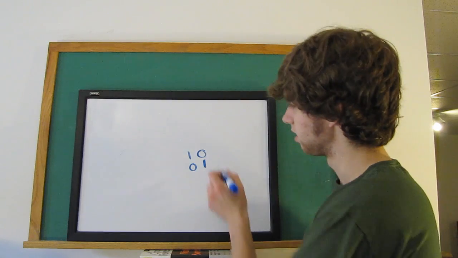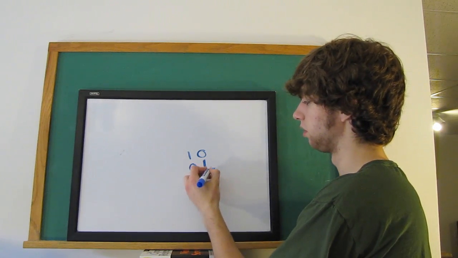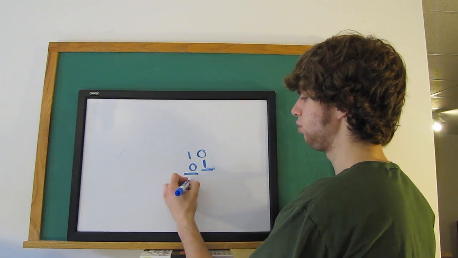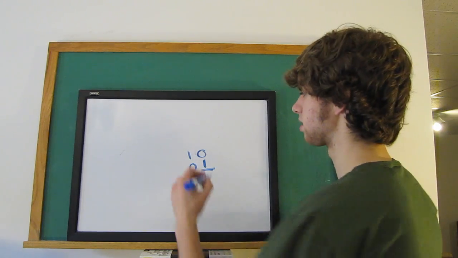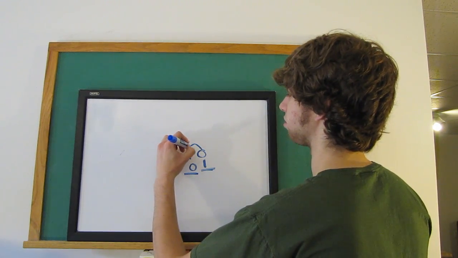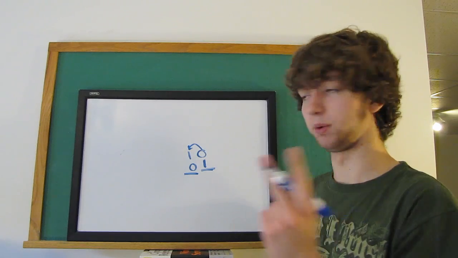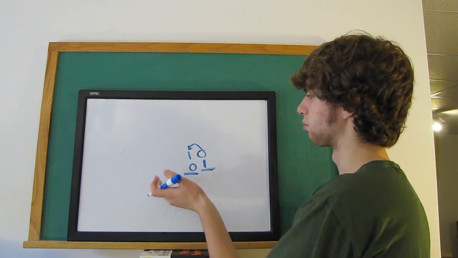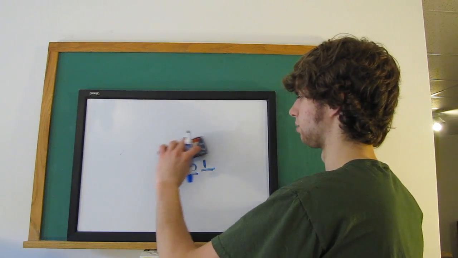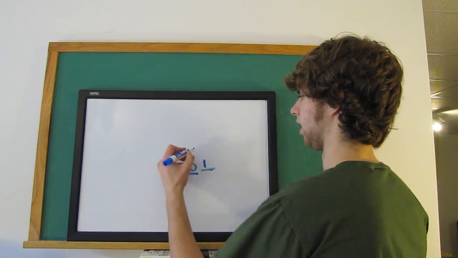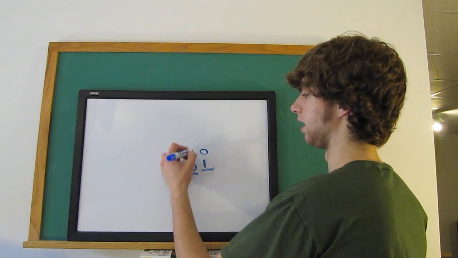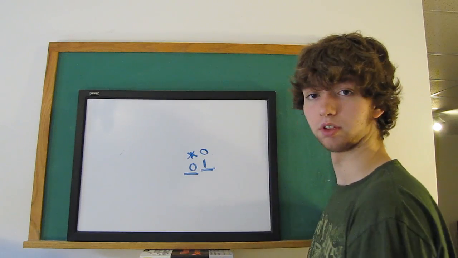If you look at this, 0 minus 1 is in the 1's place. These are in the 2's place. So basically we can borrow from the next place marker up. We take a 2 from here and bring it to the 1's place. So we can represent this by crossing out this 1, you see?